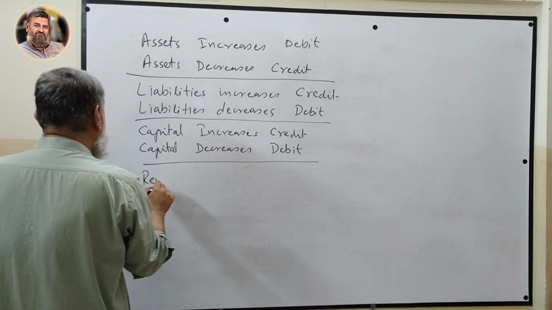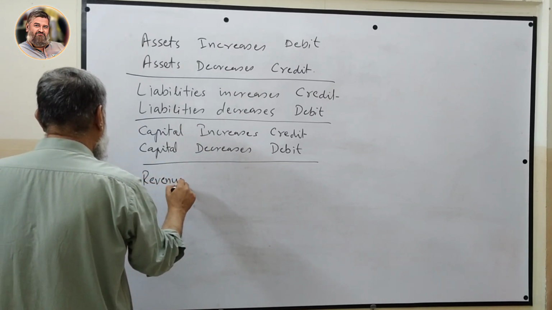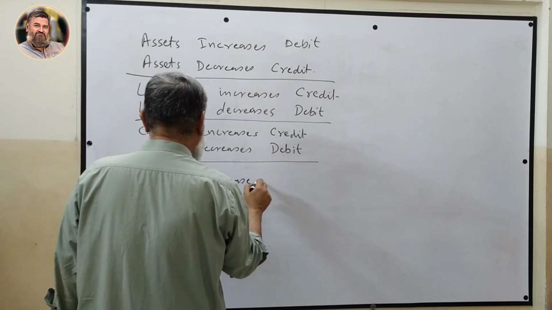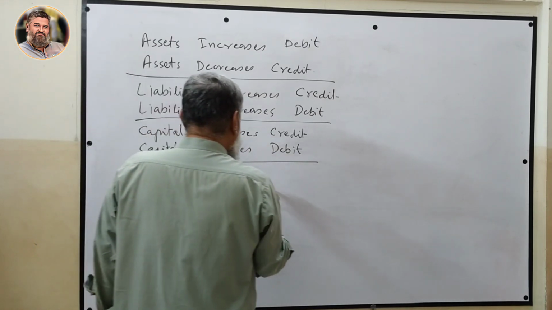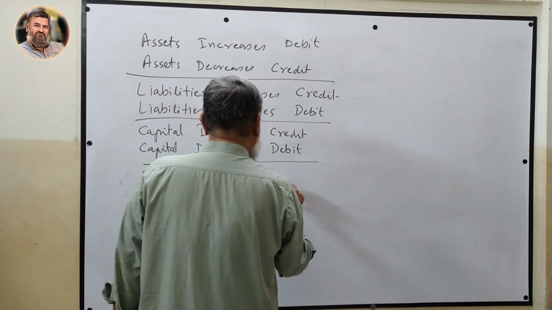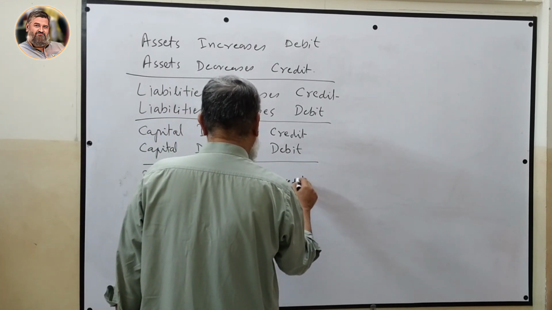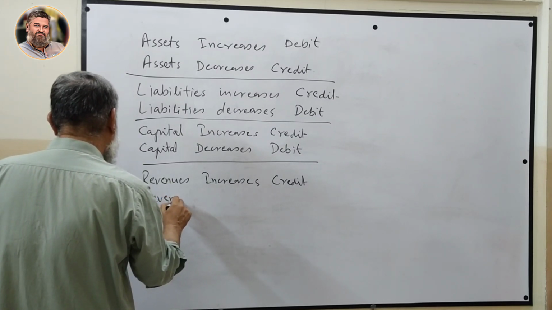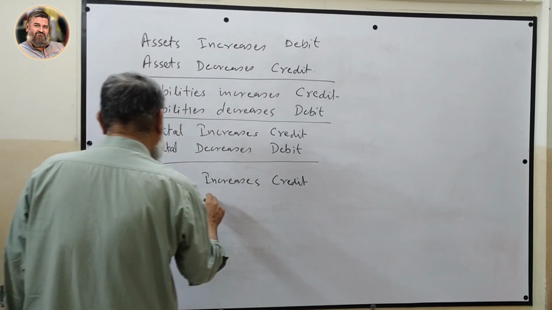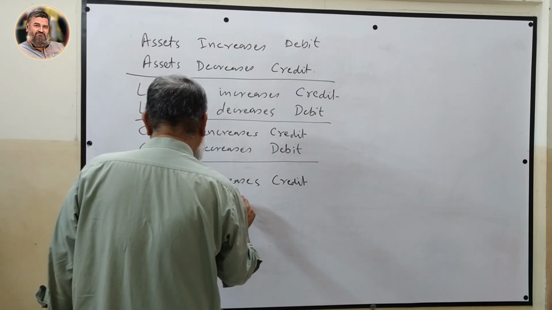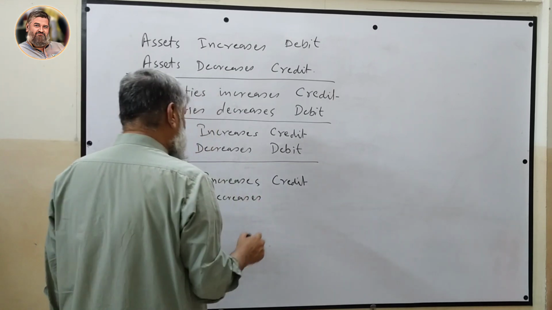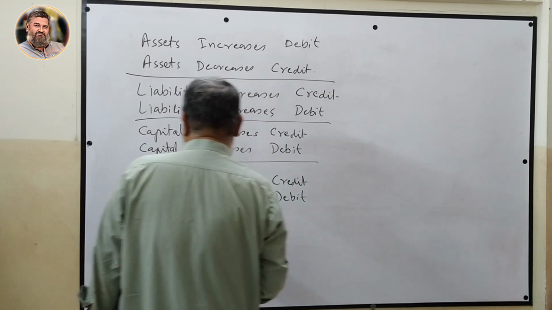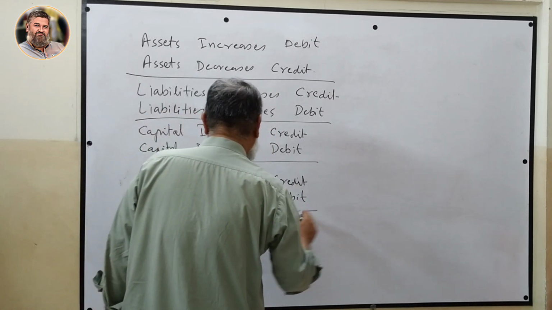The next: if revenues increase, record it at the credit side. And if revenue decreases, record it at the debit side.